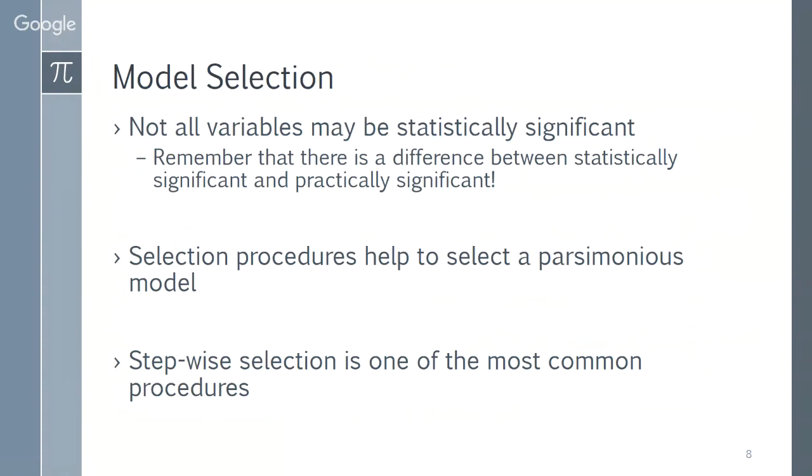With forward selection, you start with a model that only has an intercept, and then you slowly add in predictors. With backward selection, you start with a model that is called a full model that has all of the possible predictors, all of the explanatory variables, maybe even all of the interaction terms. And then you remove some one by one until you get a model that you think is best. Stepwise, you can start really anywhere.